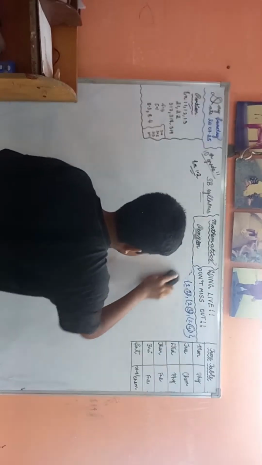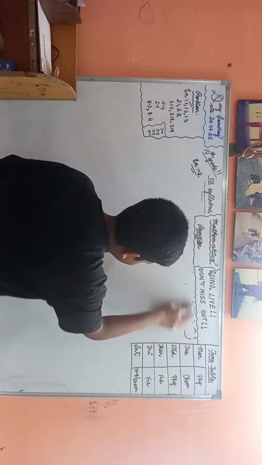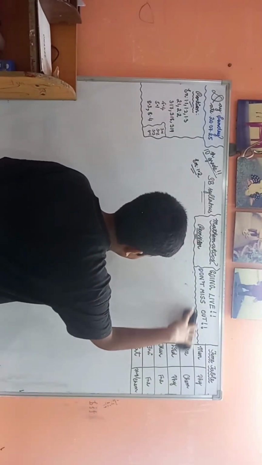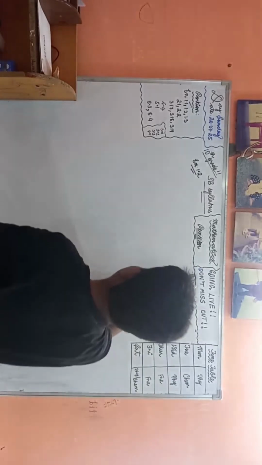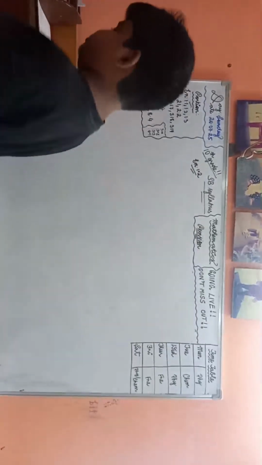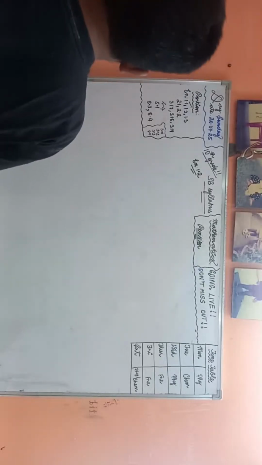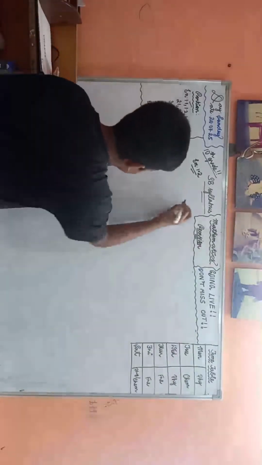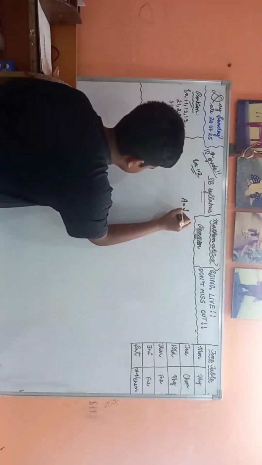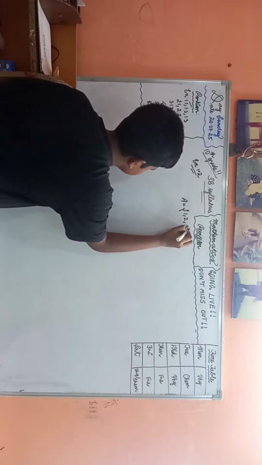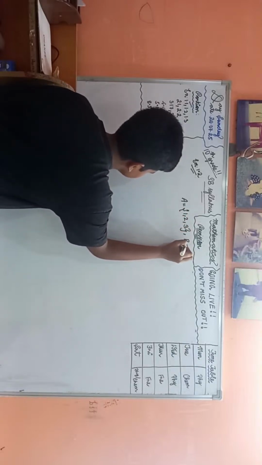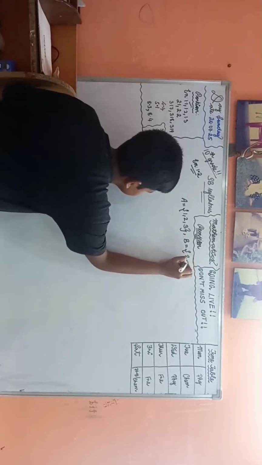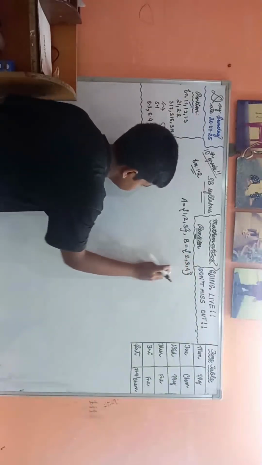Then, guys, this is the second kind of thing they will probably ask. Find the relation in each of the following sets. So they will give you two sets. A is equal to 1, 2, 3 and B is equal to 2, 3, 4.